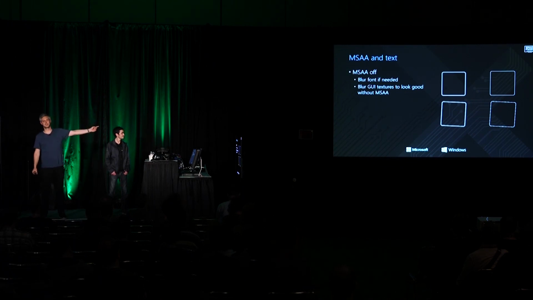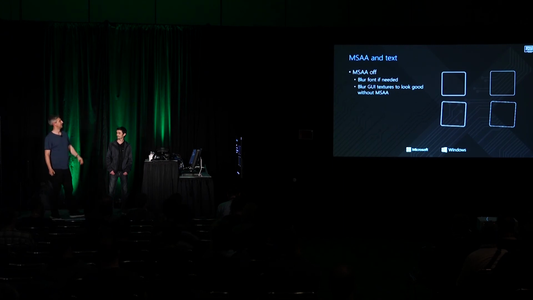If you rotate those in your game, you can see the right one is super aliased and the other one looks almost like we're using MSAA. We did the same thing with fonts: our font texture was just a little bit blurred, and so all the UI just looked much better in the end. That's a pretty weird trick, but it works and it doesn't use any performance. So use it.